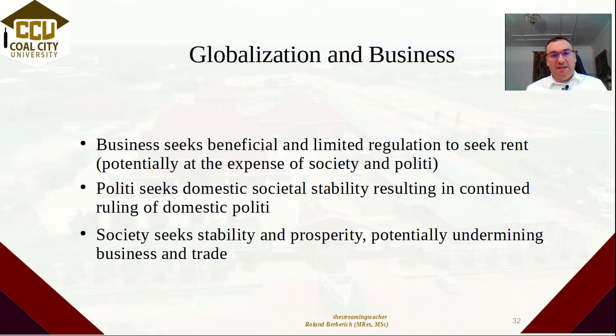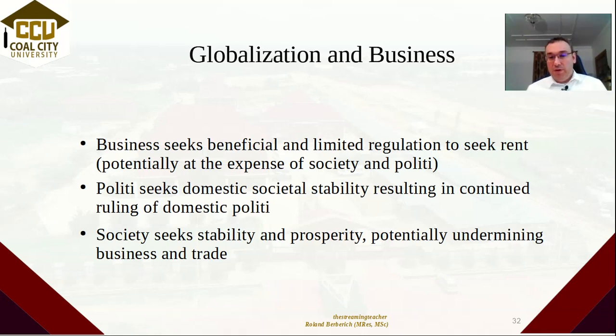Now, as a politician, I want domestic social stability, and thus I keep in power. So I need to look at how I can balance the interest of business and society in the situation where global trade is happening. Now, as a society, as human beings, we want stability so we can plan our future. We want prosperity.